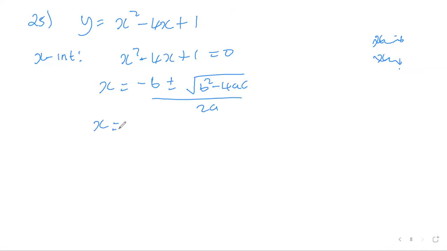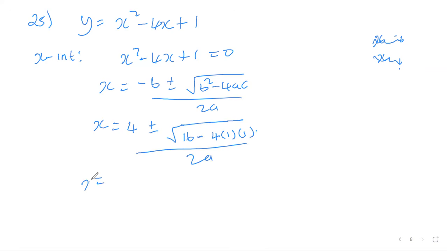We get x to be minus minus 4, which is 4, plus or minus the square root of b squared, which is 16, minus 4ac, 4 times 1 times 1, over 2a. So x is equal to 4 plus or minus the square root of 16 minus 4, which is 12, over 2.